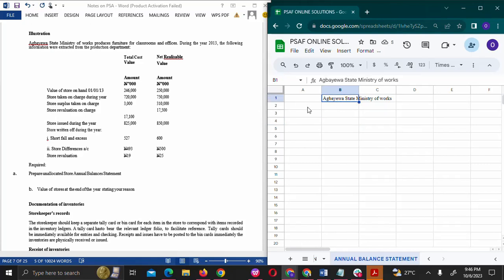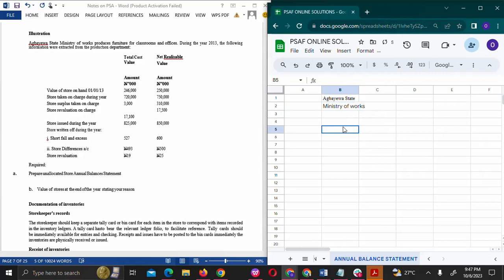And what we are asked to do is the unallocated store in our ministry.